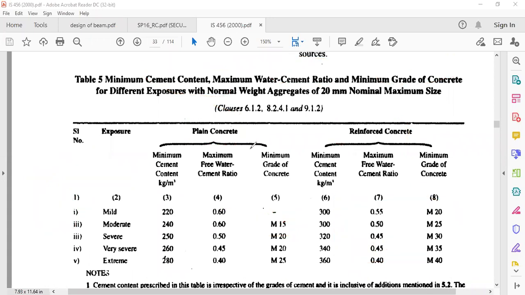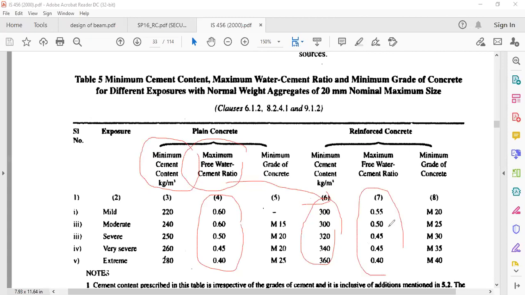You have to always check minimum cement content in kg per meter cube, maximum free water to cement ratio. With respect to plain concrete, always remember that the minimum cement content is higher, while the water cement ratio is somewhat lower. In some cases it is lower.